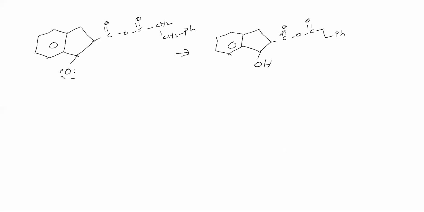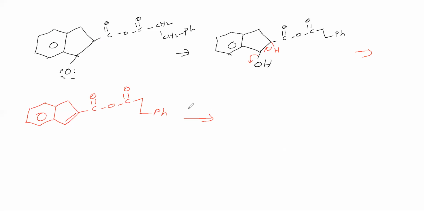Then removal of water. Next step is removal of water. Here this bond is shifting here. So removal of water we can say. Here the phenyl ring, here the 5 membered ring. Here a pi bond is produced because of removal of water. Here CO, O, CO, like this we can write.